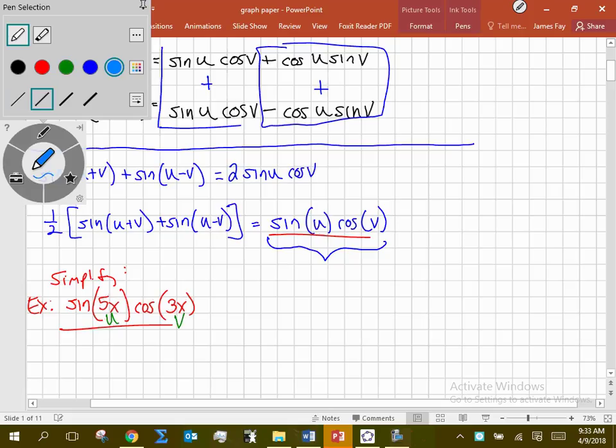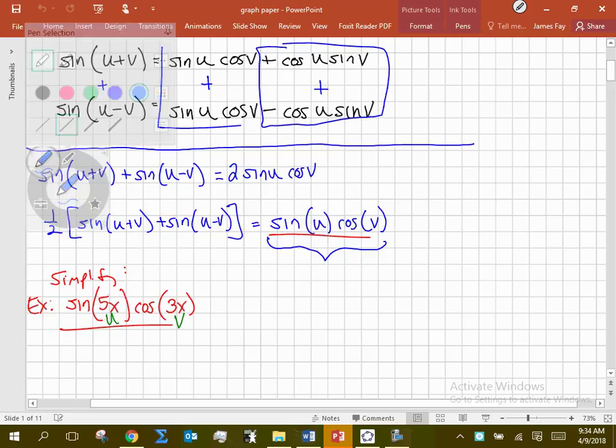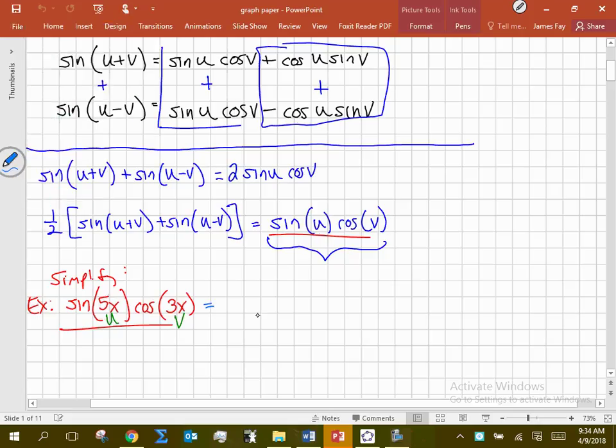Can we go through and now rewrite this as 1/2 sine of u plus v? Well, u is 5x, v is 3x, so that becomes sine of 8x, right?